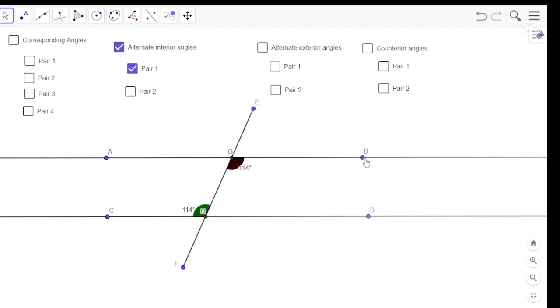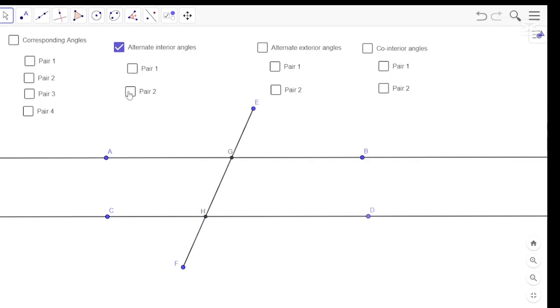Angle BGH is congruent to angle CHG. These are the interior angles because they are inside the parallel lines, and they are also on opposite sides of the transversal line.